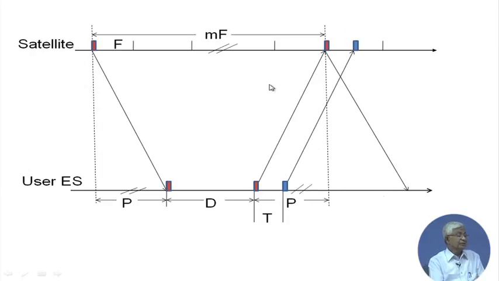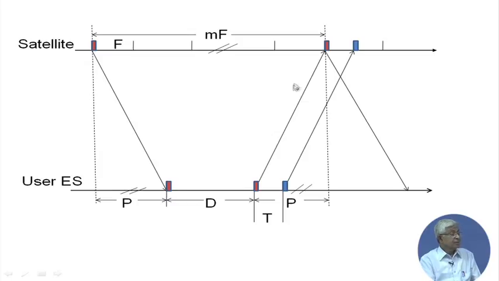Let's look at an example of what I am telling. Say at the satellite, these are the frames. F stands for frame, and at the beginning of each frame the reference burst appears. So these are frames. Now at the satellite, some reference frame is there. The reference burst will be received after a propagation delay p at a user station.